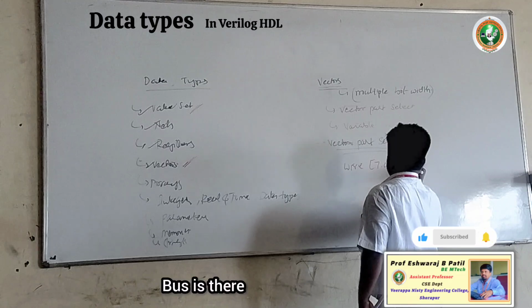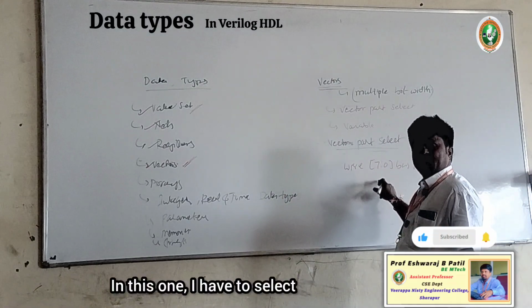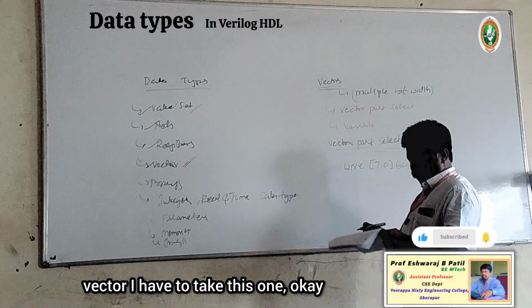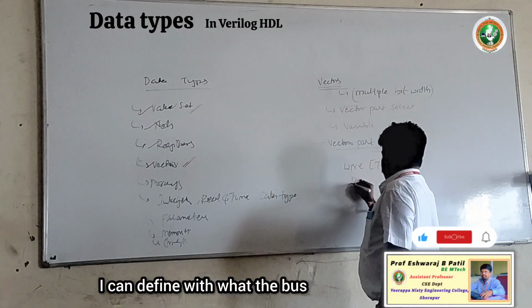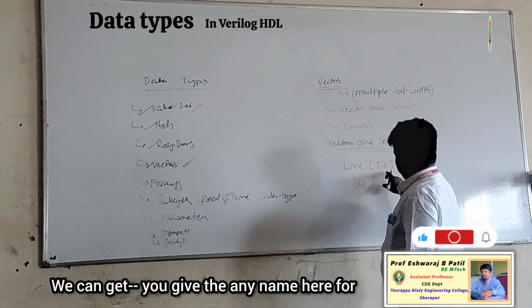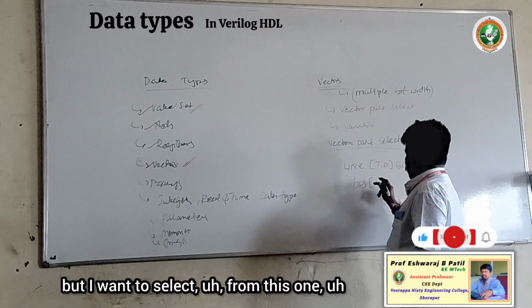A wire 7:0 bus is there. Yes sir, it is completely defining the vector. In this one I have to select only part of this vector. I have to take this one. We can give any name here, A, B, or another name. But I want to select only the 7th bit from this.